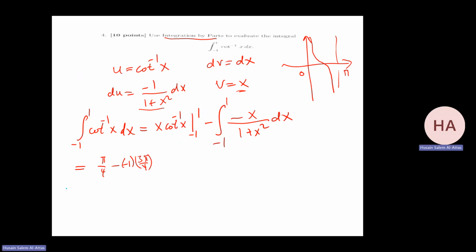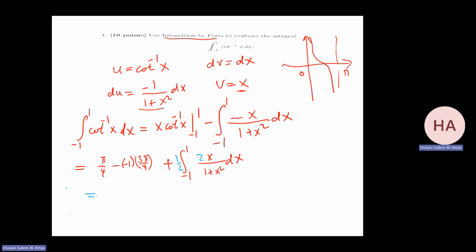So I need to do the calculations correctly here. That will be minus, or plus, the integral from minus 1 to 1 of x over 1 plus x squared dx. I can do that. This is 2 and this is half. This is the way they define the cotan inverse.